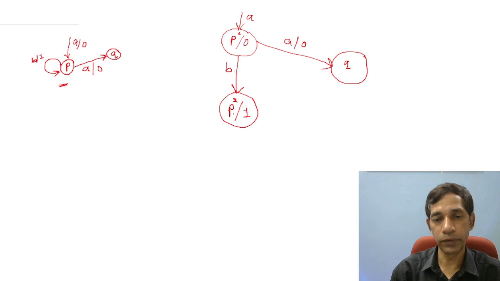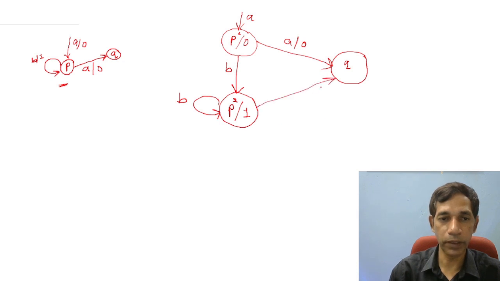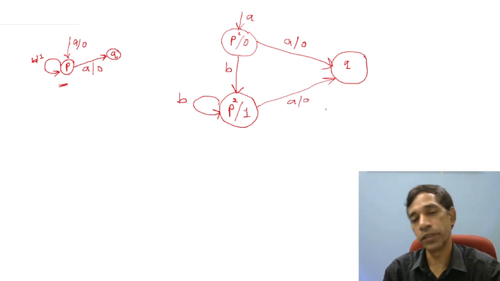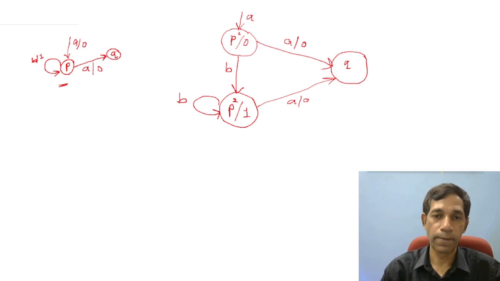So for B, you are coming to this, and you are going to produce the output 1, and if you are in the second copy P2/1, we can make the loop here for B. And from this copy also, we have one outgoing edge which goes to Q, so we can make an edge to Q, and the label of this edge is A/0. Now, this state P is converted to the form of the Moore machine.